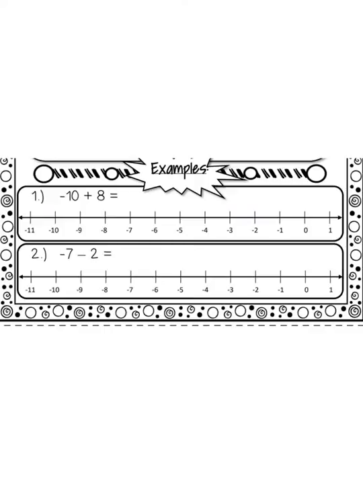Let's look at number 1. Number 1 says -10 plus 8. So going back to my rules above, I'm going to put a dot on my first integer, which is -10.